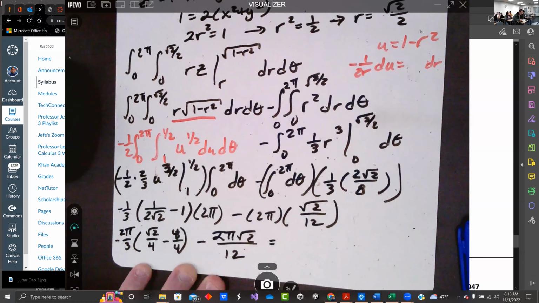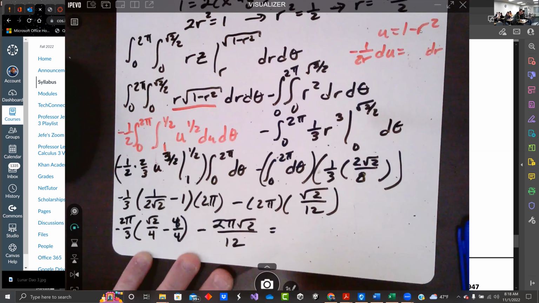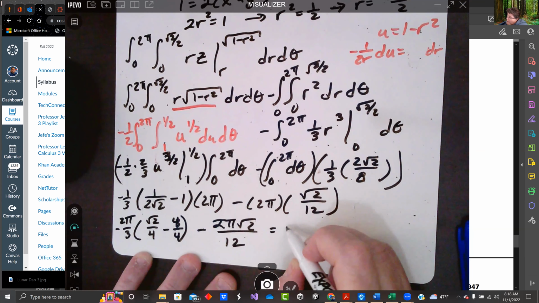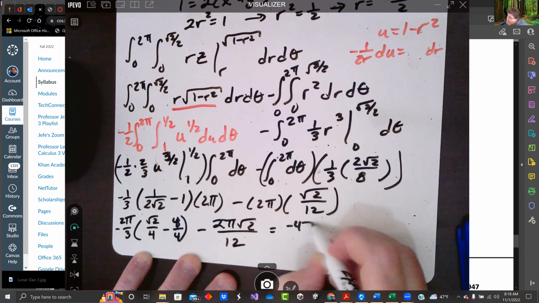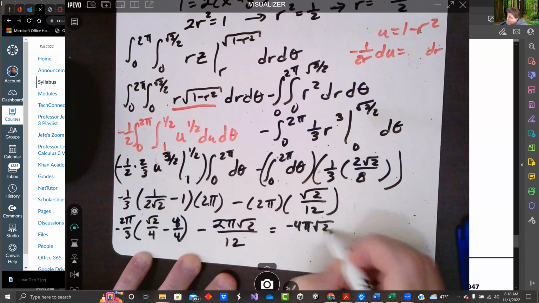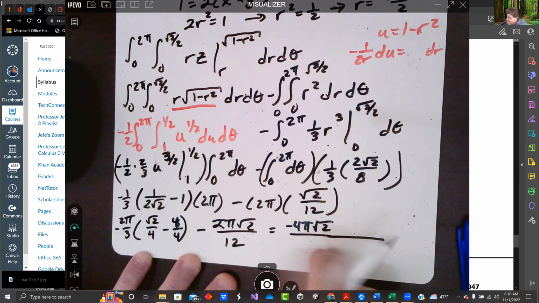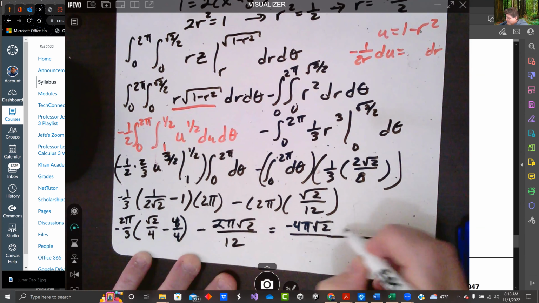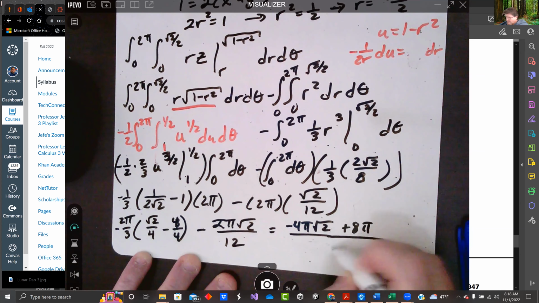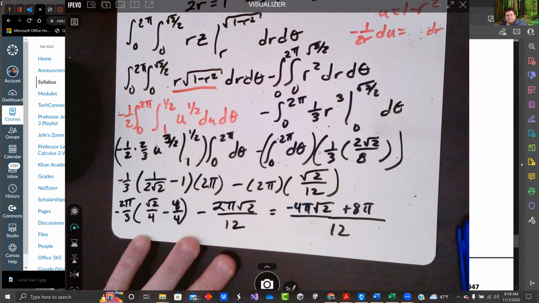I can kind of see where you got that, you got that from this one. So I've got -2 pi/2, and another -2 pi/2 is -4 pi, not over 2, √2/12, minus or plus 8 pi/12. And I guess that does simplify.